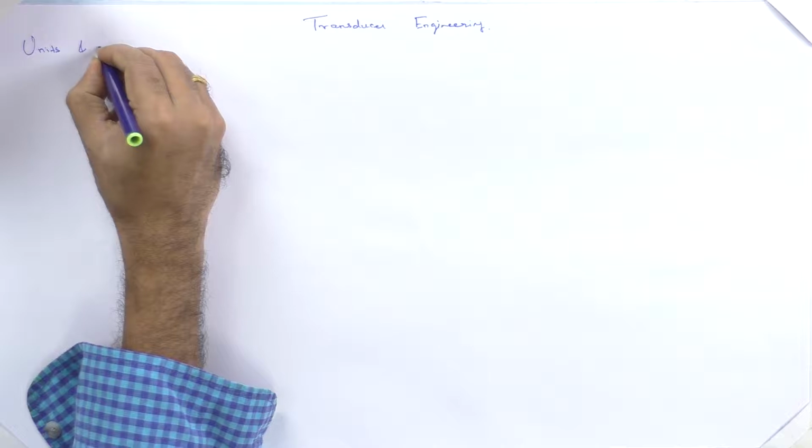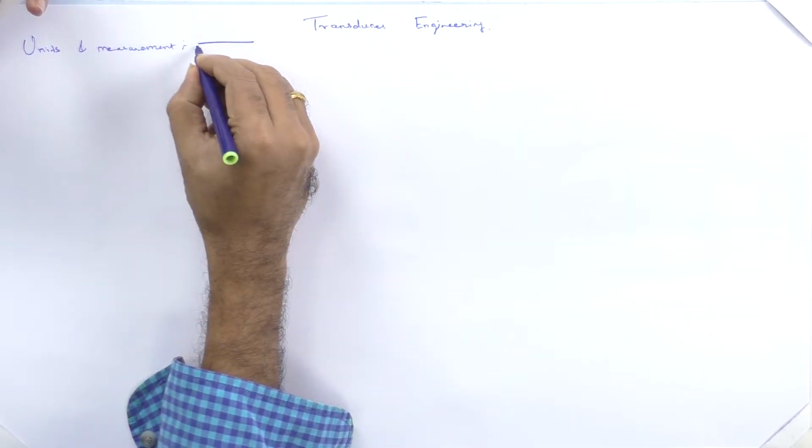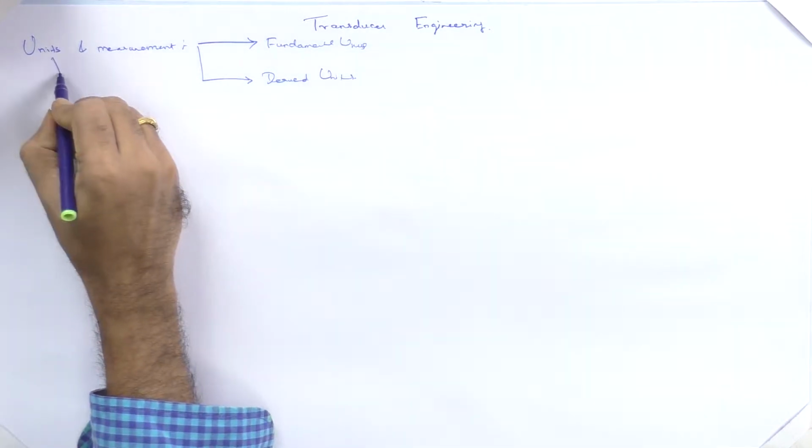Units and measurement. Units and measurement, as we all know, which we have studied from the very elementary school level, has the fundamental units and the derived units. This is for the units.